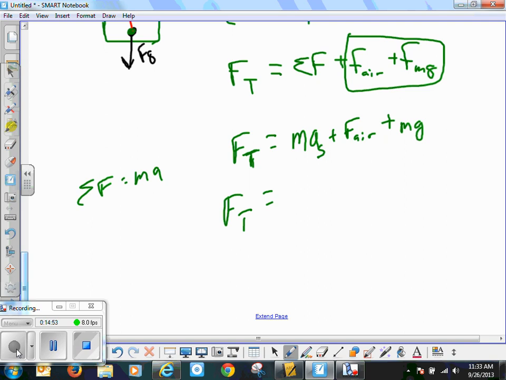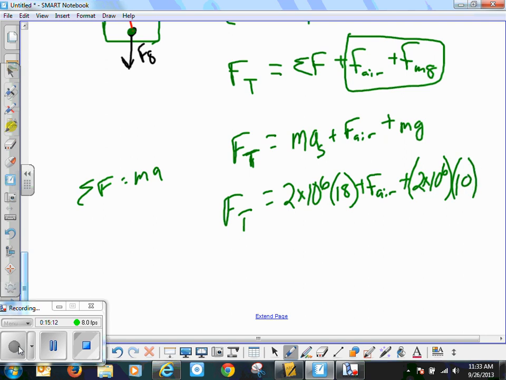So the mass was 2 times 10 to the 6th kilograms, times acceleration is 18, plus force of the air, plus 2 times 10 to the 6th times 10. Okay.